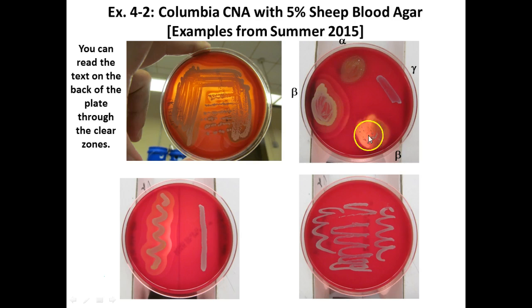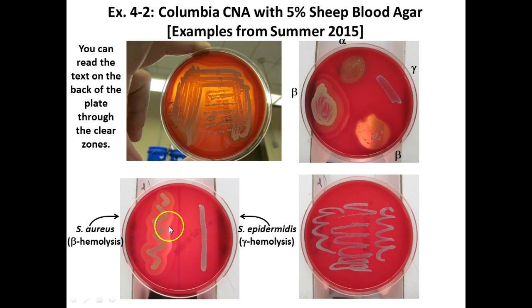And again, this is beta, just not as strong as this one, but you can see these zones of clearing that's happening. Here's the two staphs side by side, right? You can see the staph again, beta hemolytic, right? And staph epi not. And again, you see growth, but no change to the red blood cells, right? So this is an example of gamma, which is no hemolysis.